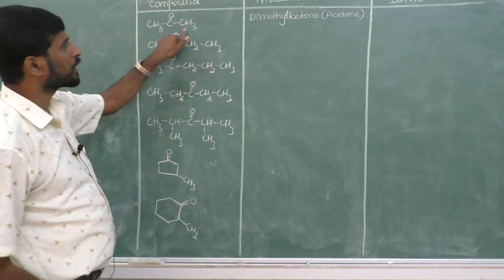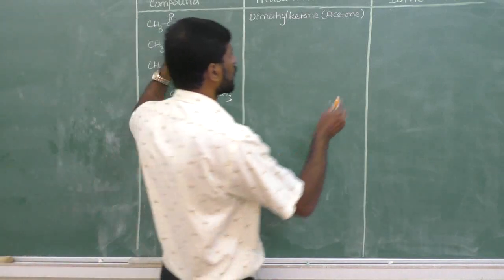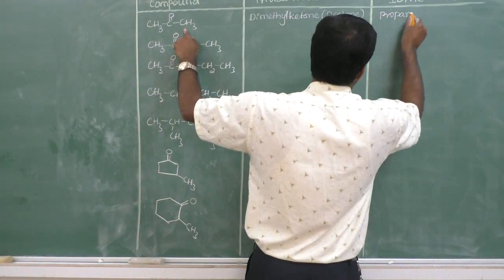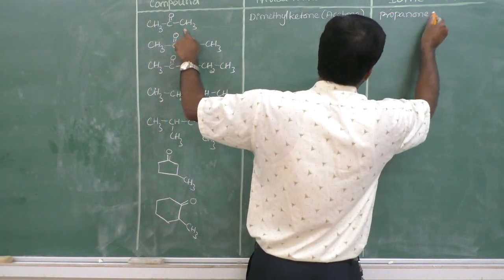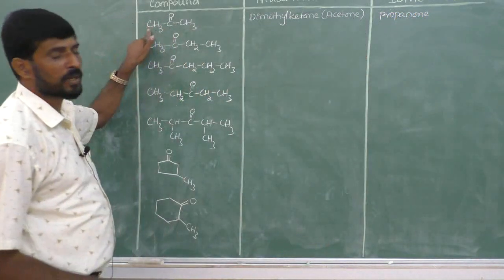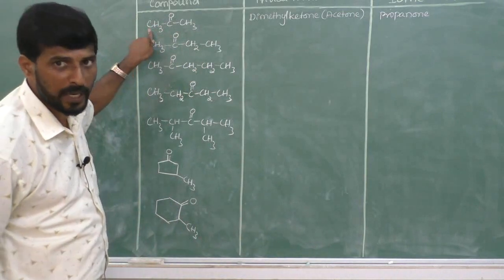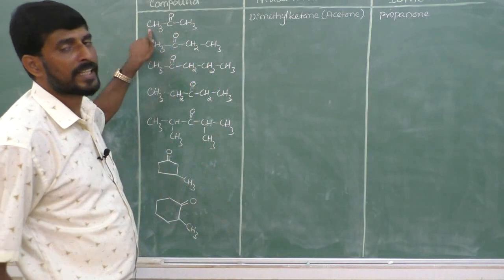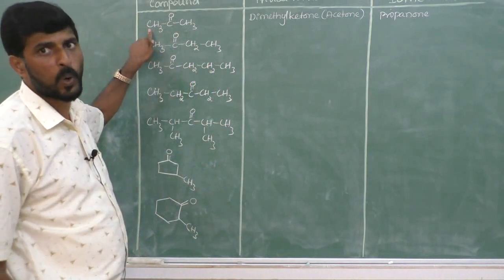What is the IUPAC name? It is nothing but propanone. Why is it propanone? Because of 3 carbon atoms, the corresponding hydrocarbon is propane, the last terminal E is replaced with ONE, hence the name propanone.